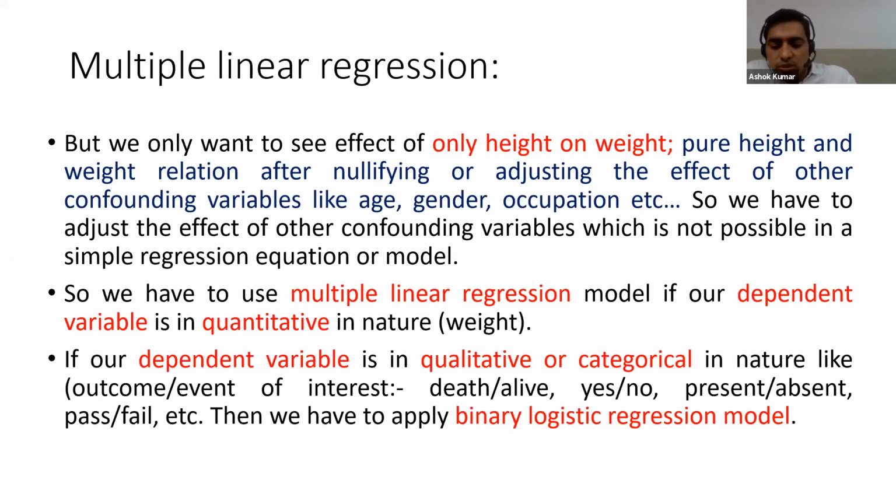You have to remember this. This is the difference between multiple linear regression and where we use a binary logistic regression model. When our outcome is binary, death, alive, yes, no, present, absent, pass, fail, then we have to use a binary logistic regression model to find the independent association or predictor of that outcome.